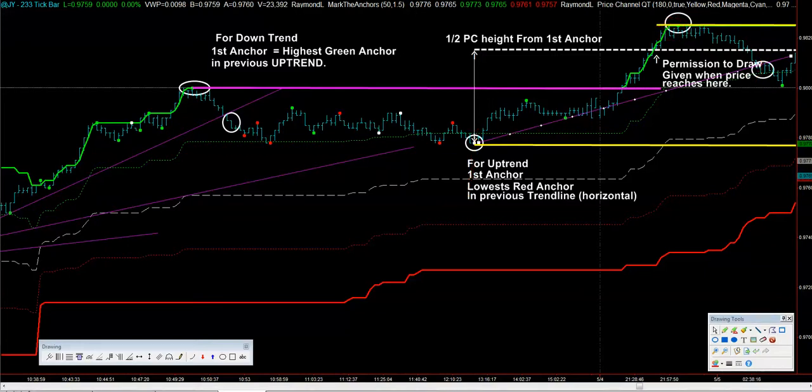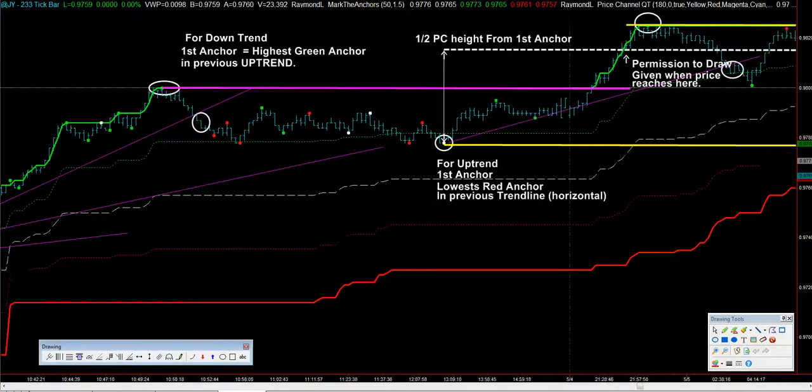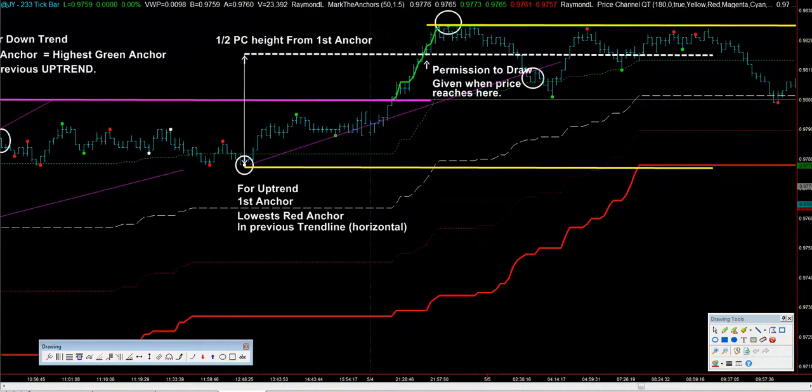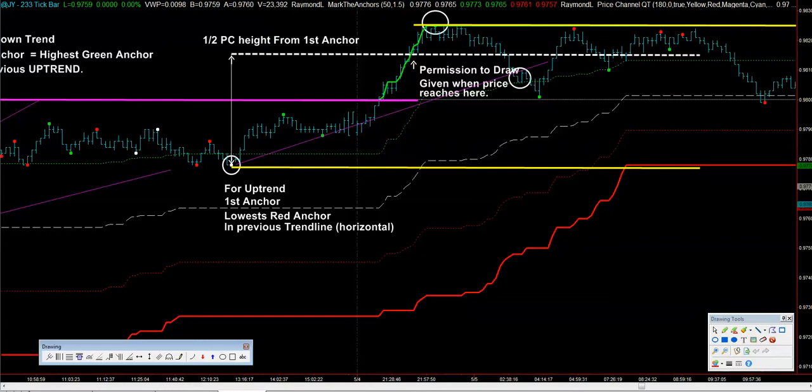And then we must have 3 touches of the downward price channel line. So we're looking for a break above the trend line, and we get 1, 2. There's 3 touches. The anchor itself is the first touch, the second touch is there, and the third touch is there.